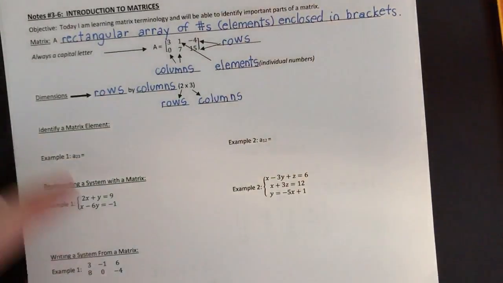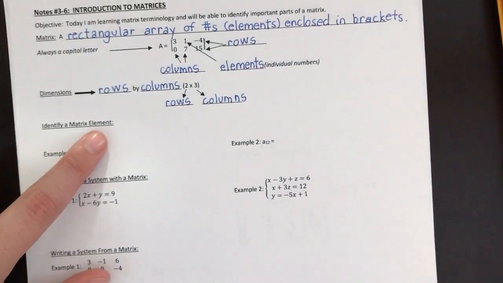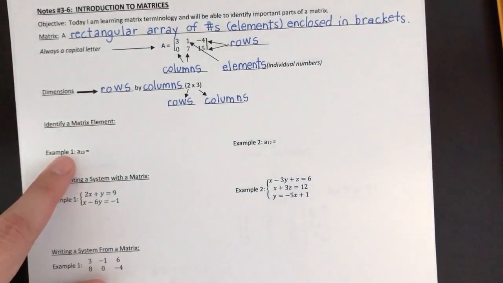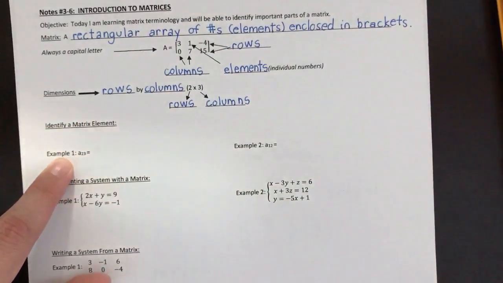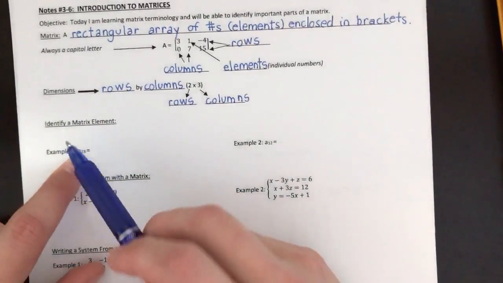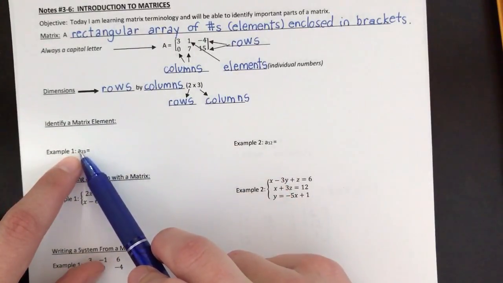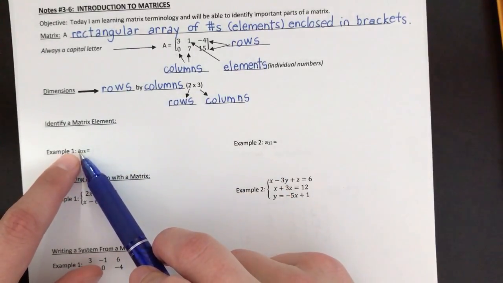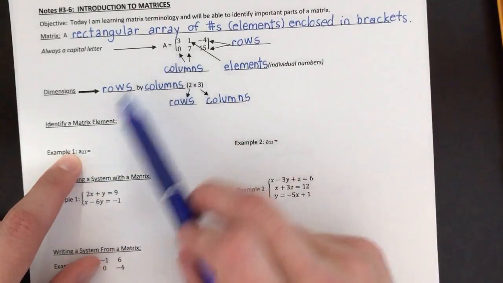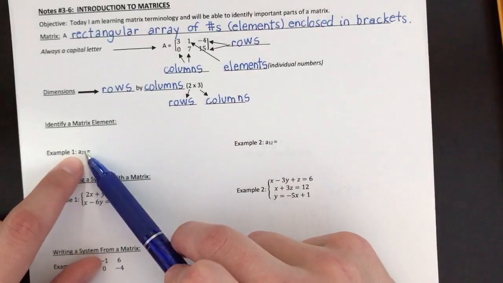How about identifying a matrix element, an element within a matrix? For example, on example 1, I ask you, what is the element a23? That means look at the matrix A. When we're talking about an individual element, though, we utilize lowercase letters. So this is saying look at the matrix A and find the element 23.